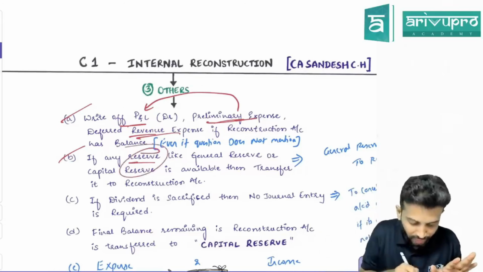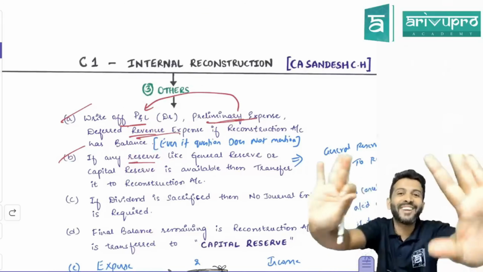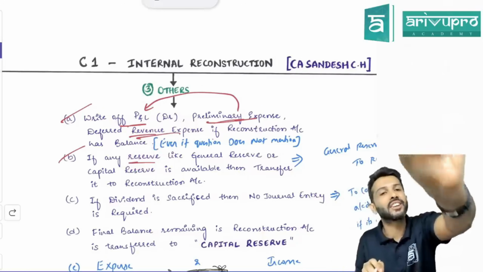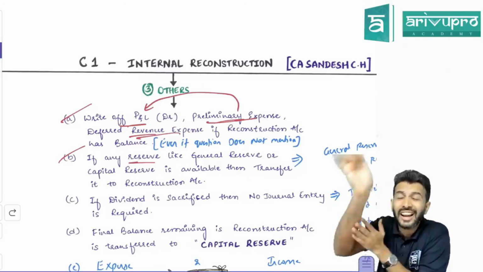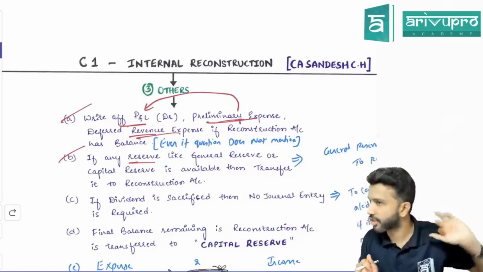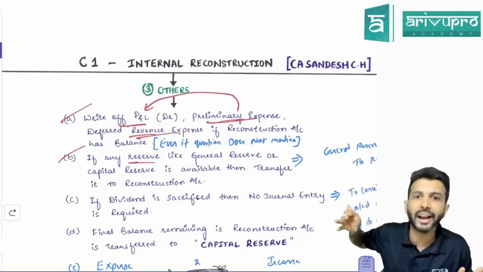But if at all they give this in the question, don't question the question. Whatever is there, take it. So if they give you reserves like general reserve or capital reserve, you can utilize that. You can utilize means transfer this general reserve or capital reserve first to reconstruction account or to capital reduction account, and then do all this particular activity.